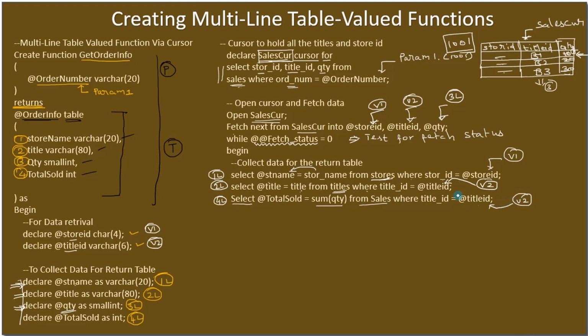V2. So now we have store name, title, and total sold in hand. If you see, 3L is ready. This one is 4L, 4L also ready. Now the data to insert into the in-memory table is ready. And remember, with this fetch next, we fetched the first record, right, for the first iteration.